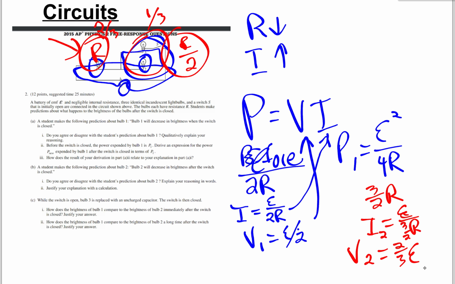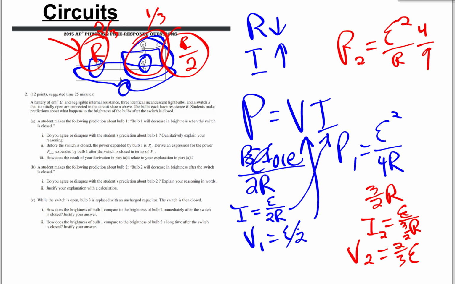So we combine those, and we get P2 equals E squared over R times 4/9, times 4, because we have the 4 there and the 4 there. Let me check.